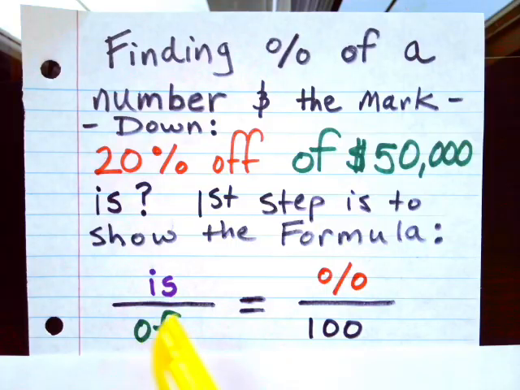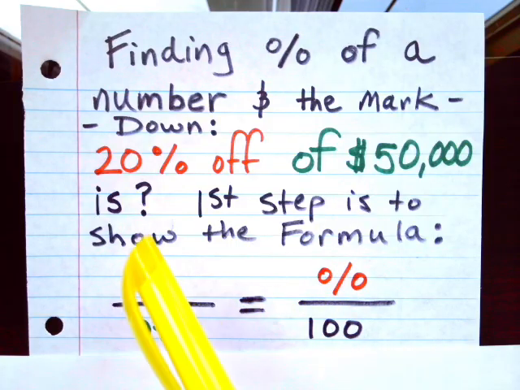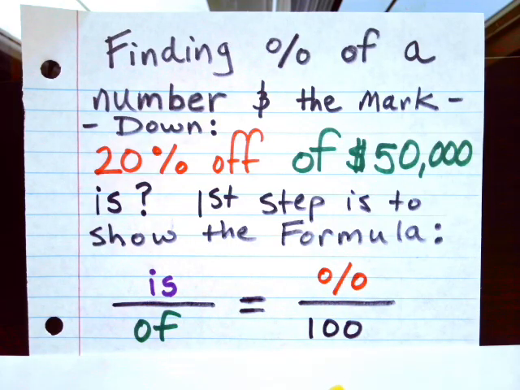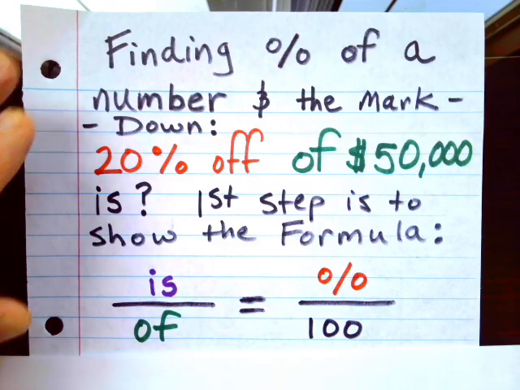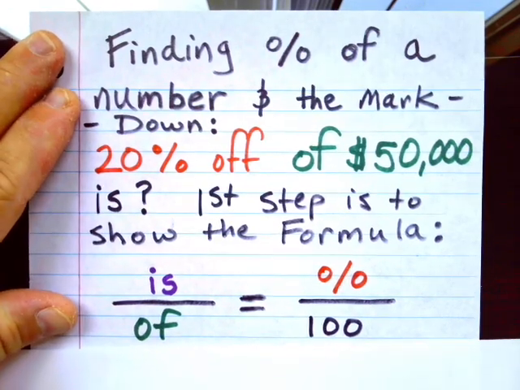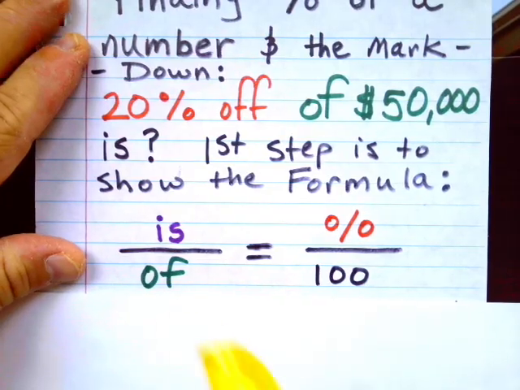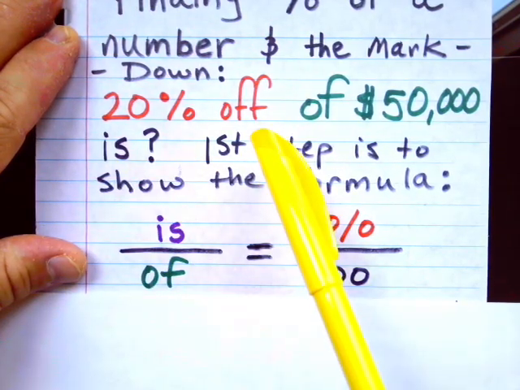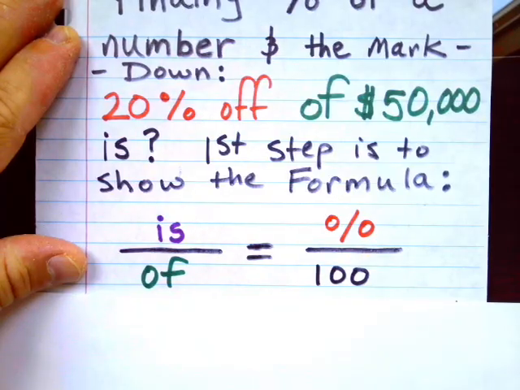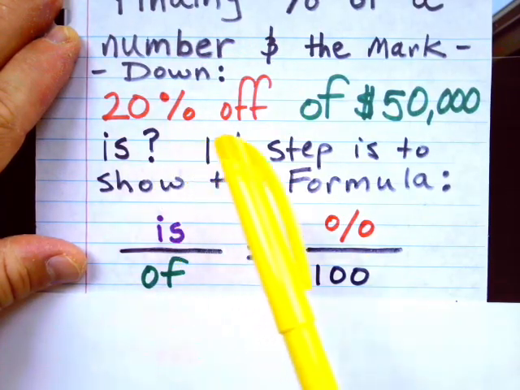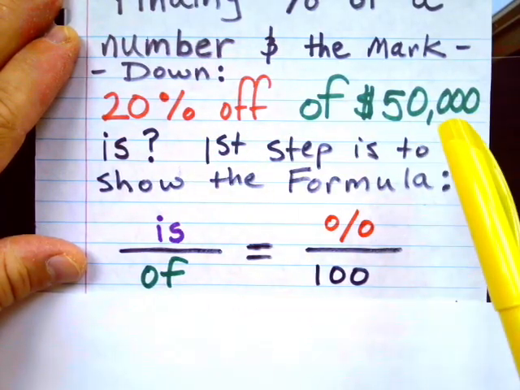So in the formula, I'm going to substitute $50,000 where you see the of right here. Once I've substituted these two values, I'll perform that cross product I spoke about in that part one video. So everything in this video will be setting up and showing examples. Now remember, we're looking for 20% off. So everything I'm doing is going to try to find what 20% of 50,000 is.